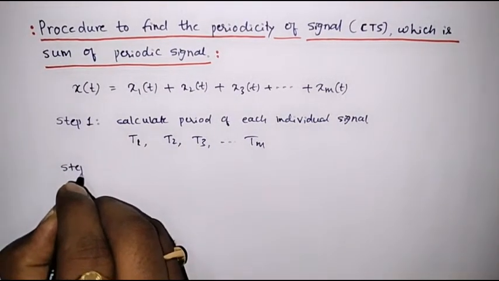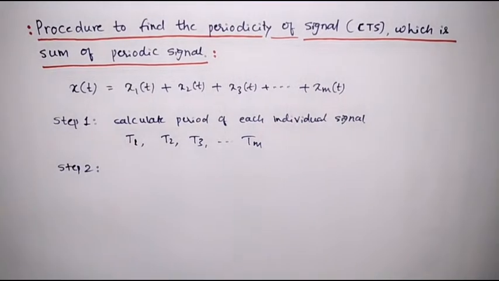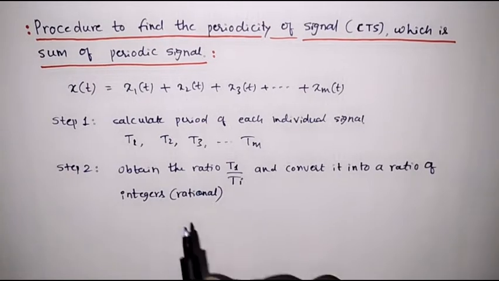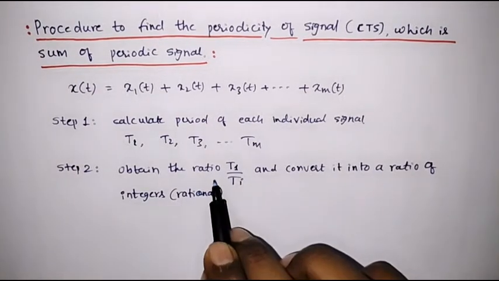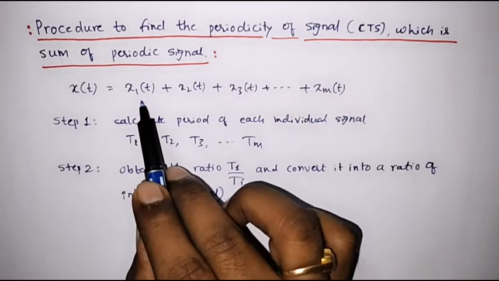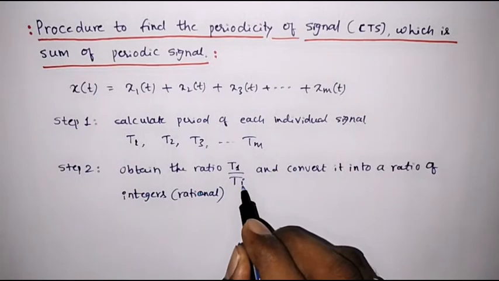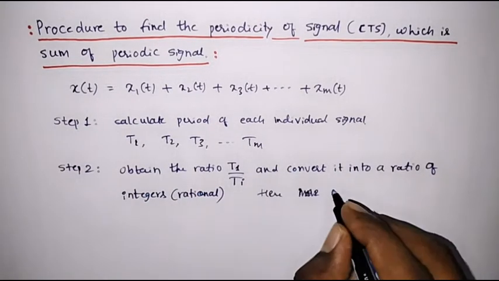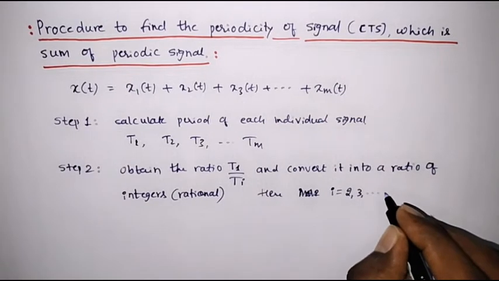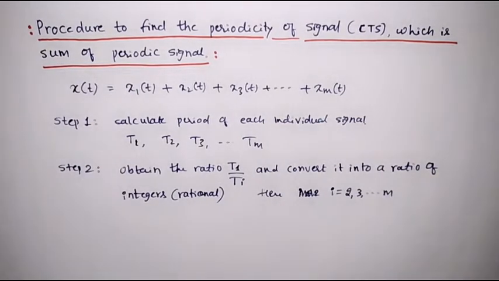Step 2. In step 2, we are supposed to obtain the ratio of t1 by ti, where t1 is the fundamental period of the first signal, that is x1 of t, and ti is the fundamental period of the ith signal, where i is equal to 2, 3 up to m.